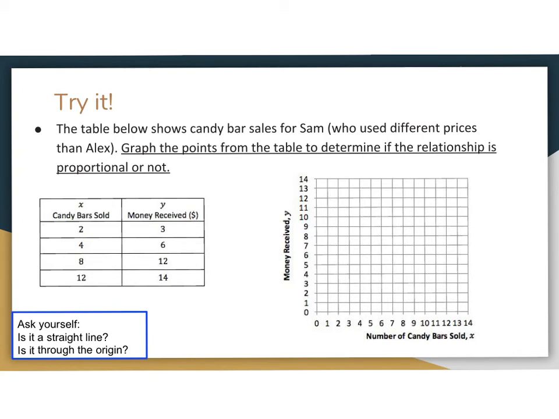So graph the points from the table to determine if the relationship is proportional or not. Do go ahead and copy down your table right here and plot all of the points in the second graph that I gave you on Monday. Take the time to put it in your notes and then hit play and you can see all the answers.